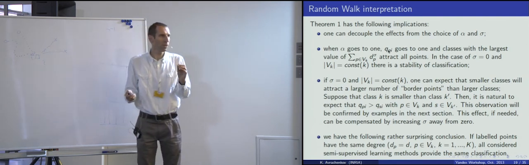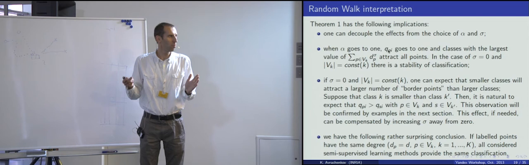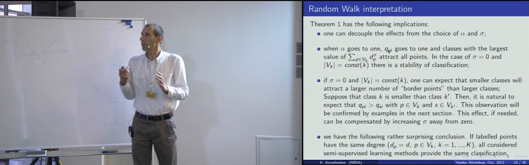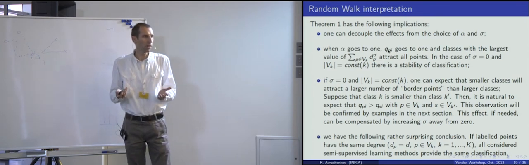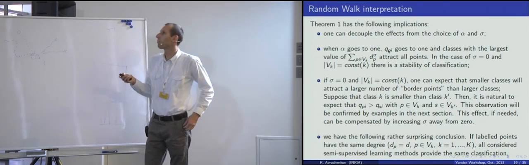Only the PageRank method, independent of alpha, keeps some reasonable distribution of points among the classes. And it does this even in the unbalanced case. We know that classification in the unbalanced case is very challenging, right?